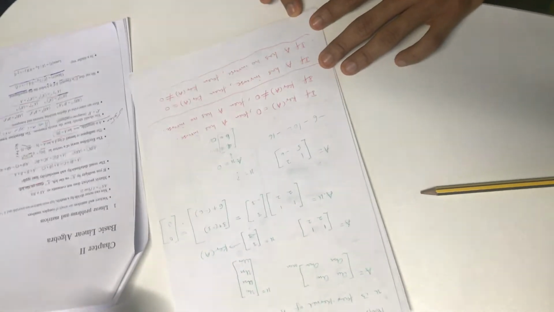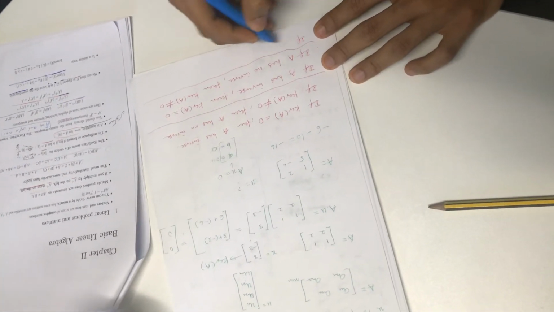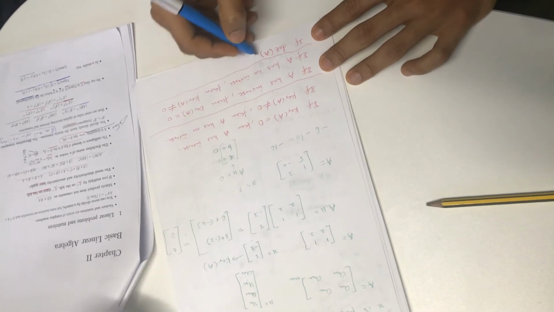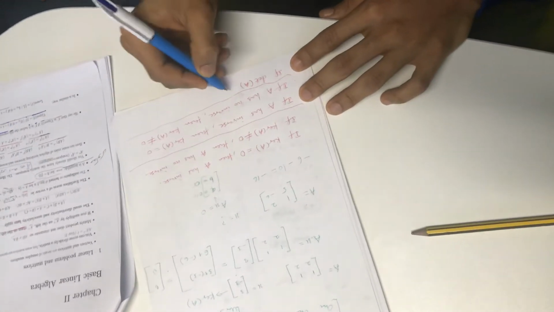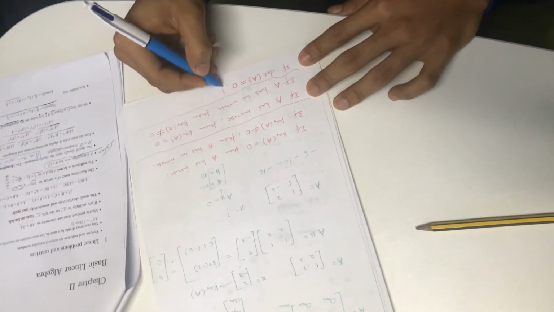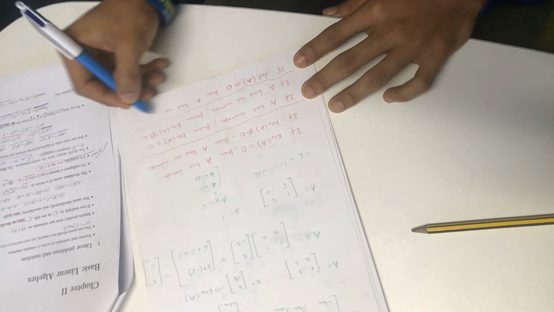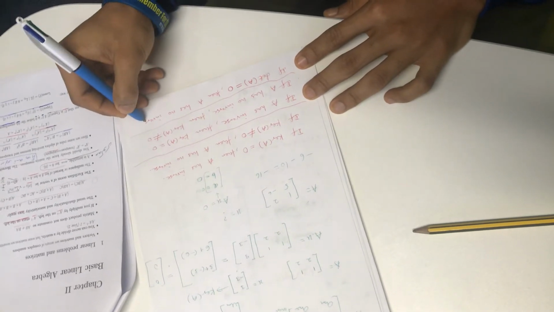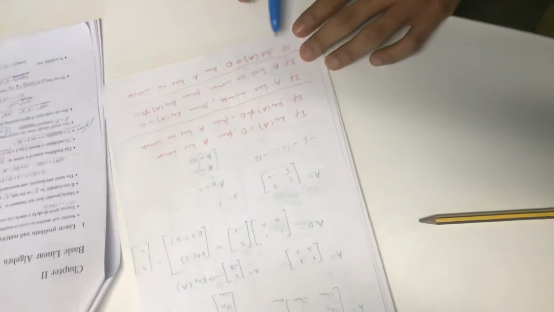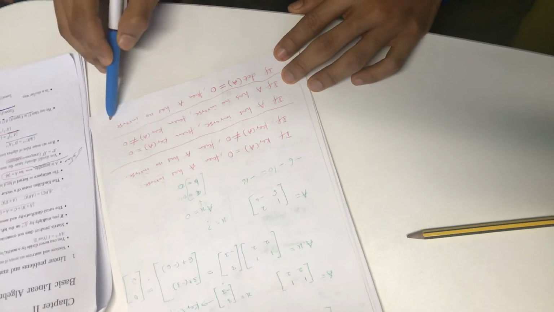This is a very important comment. So now, if the determinant of A is 0, then A has no inverse.